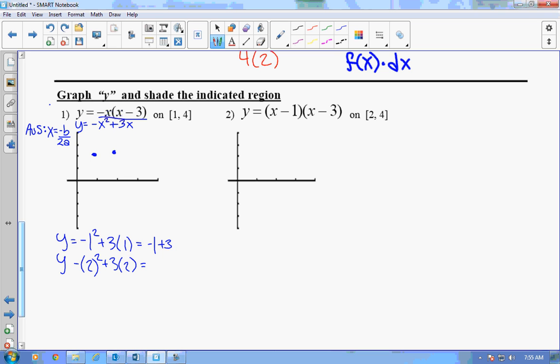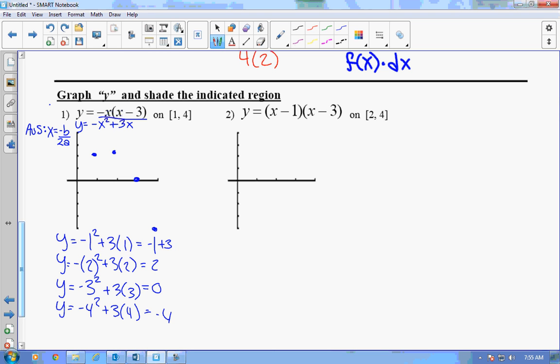Okay, what about 3? If we get 2, something's going weird. Plus 3 times 3, 9, yep, 0. And if we plug in 4, negative 16 plus 12, negative 4.